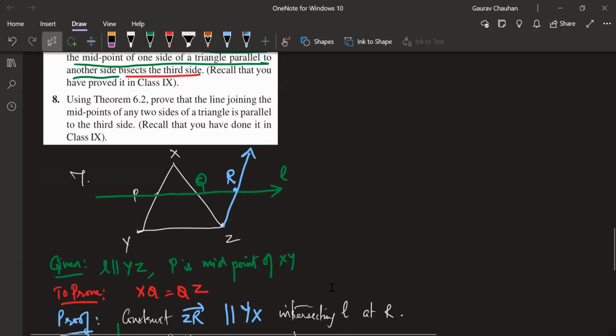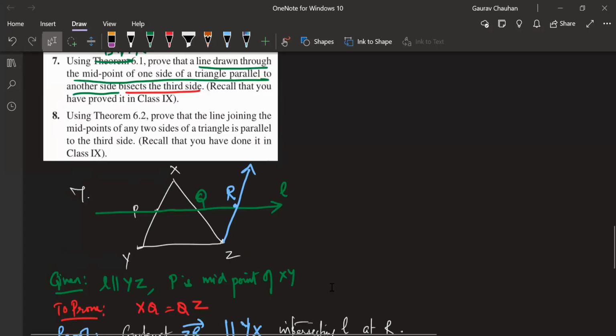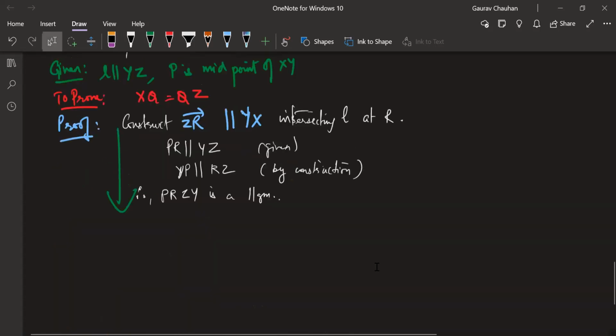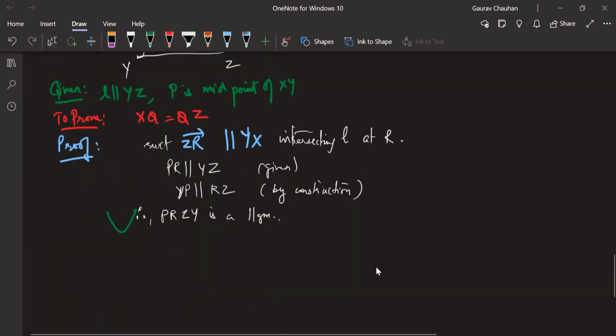It will be a correct answer if this part is not there in your question. But because this part is there in your question, your answer is not correct. We good, Riza? Yes, sir, got it. Do you have a method which uses the basic proportionality theorem?